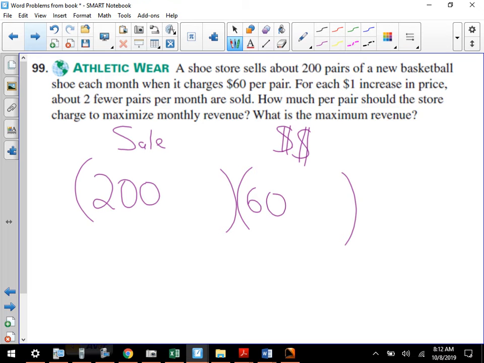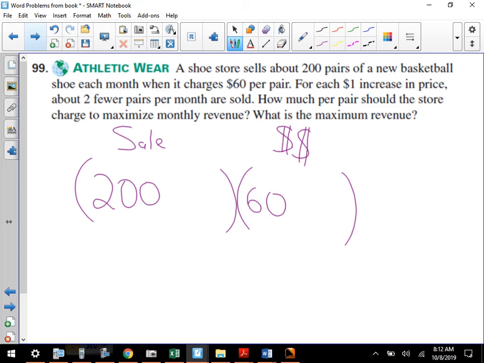If I increase it 4 times, what would be my new selling price? It'd be 64. I'm taking that multiplier of 4, multiplying 4 times the $1 increase in price. For each 4 times I do that, I take that 4 times 2 for the number of pairs less that it's selling. That value is the x.